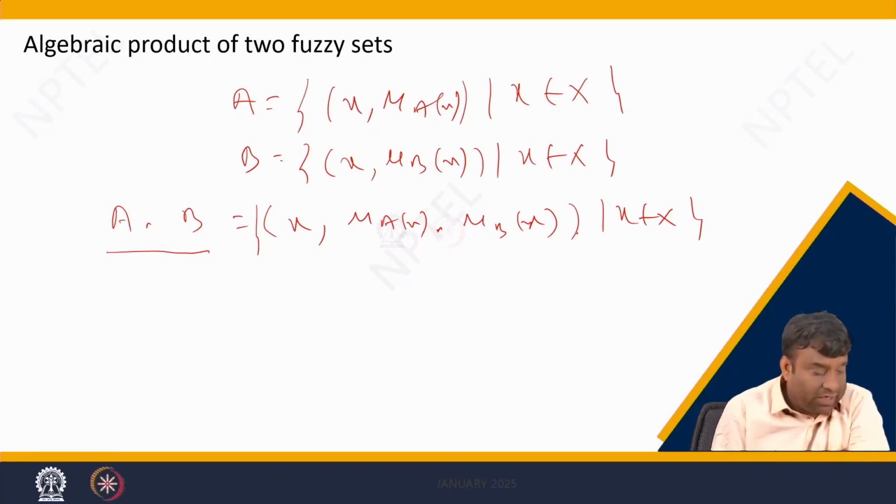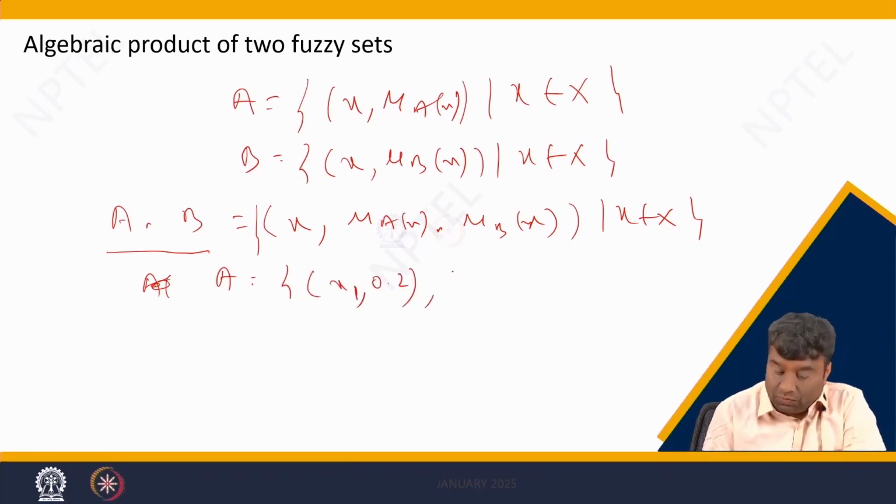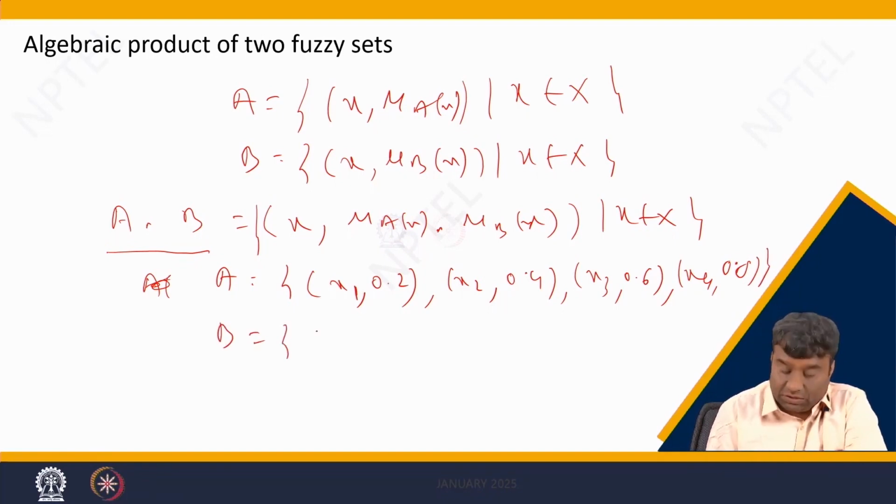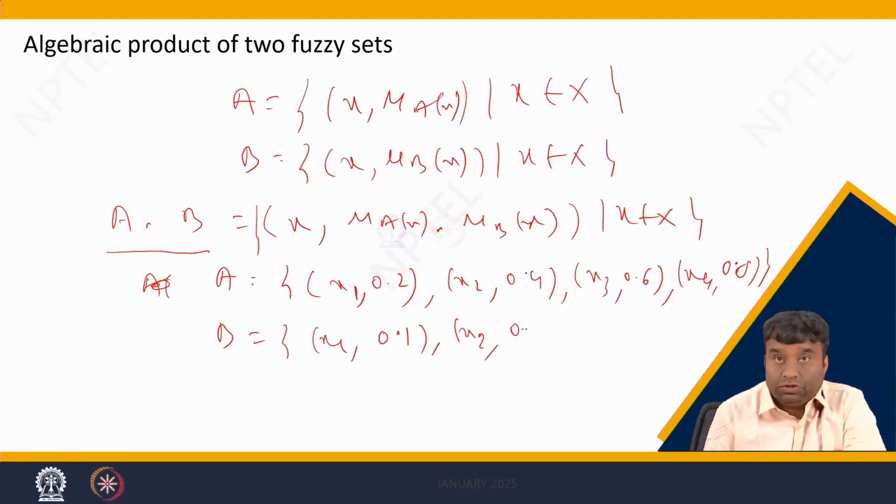So let's take one example, where you can take any fuzzy set. Let A be a fuzzy set which is equal to the ordered pairs x1 0.2, x2 0.4, x3 0.6, x4 0.8. B, the fuzzy set, is x1 0.1, x2 0.3, x3 0.5, x4 0.7.